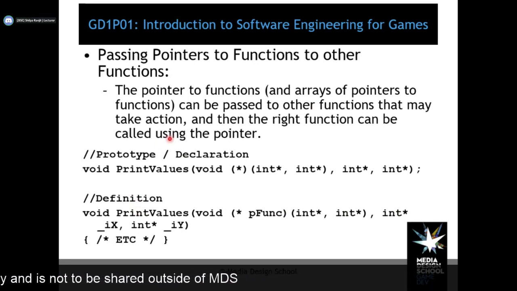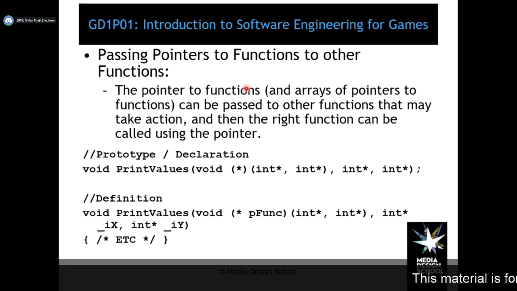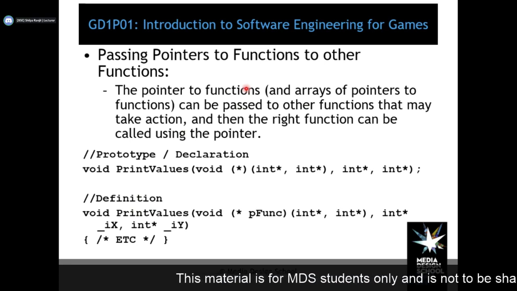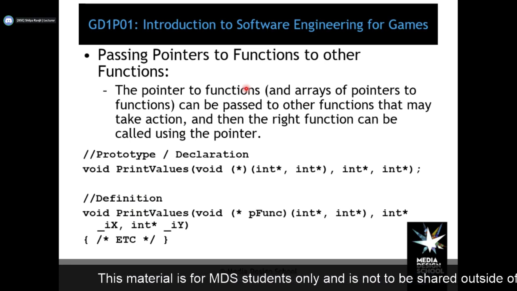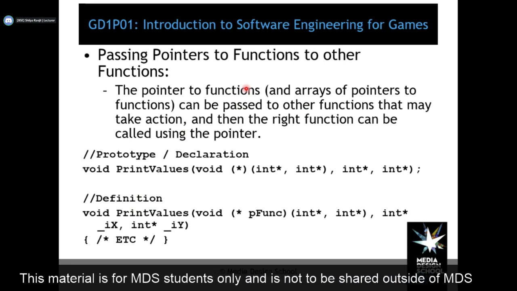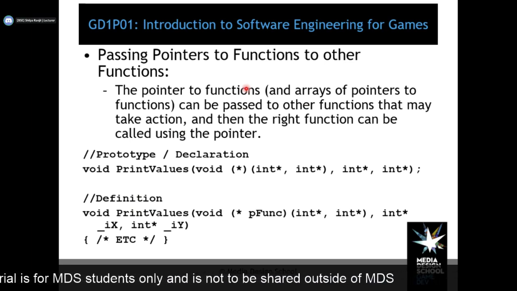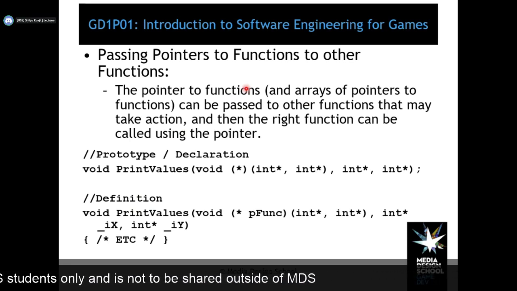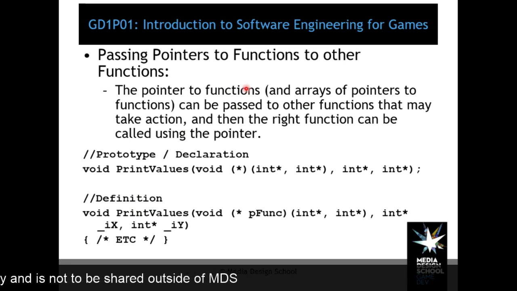The places where pointers to functions are widely used are, for example, Windows events. You can have multiple events that go to these windows: a mouse click event, a mouse middle button click event, a keyboard event, or maybe a system event, and so on.